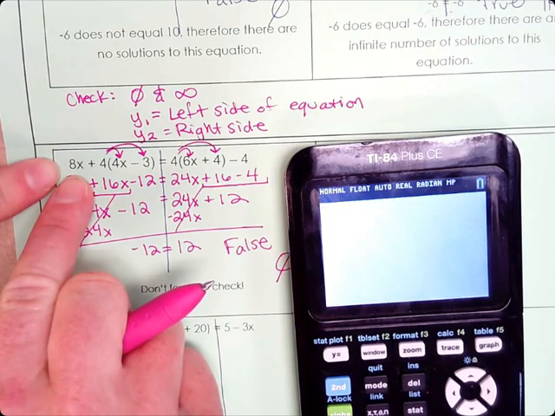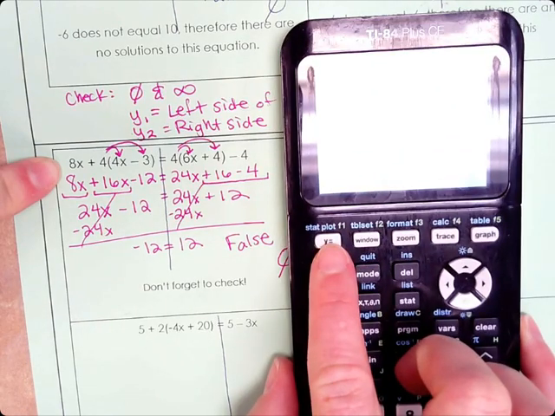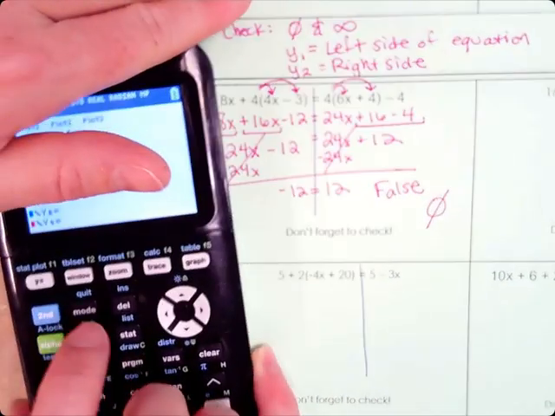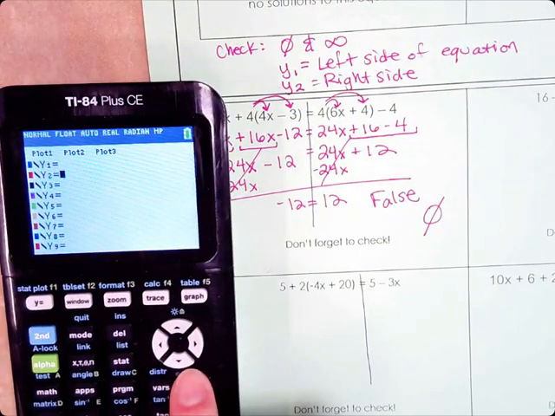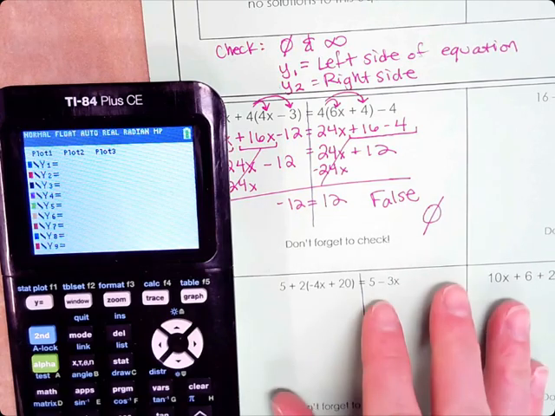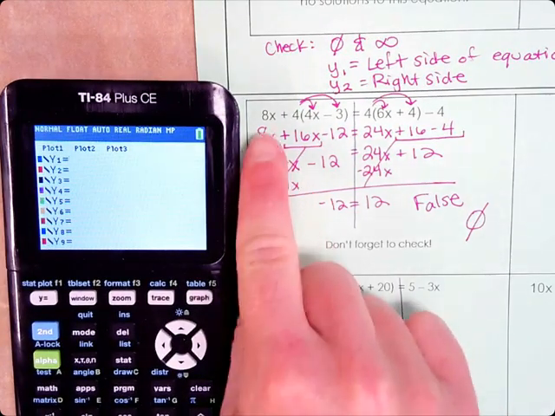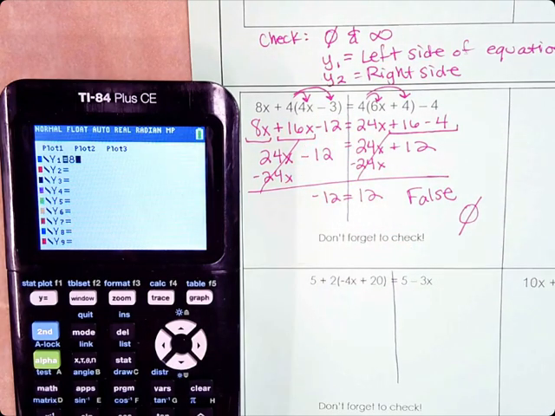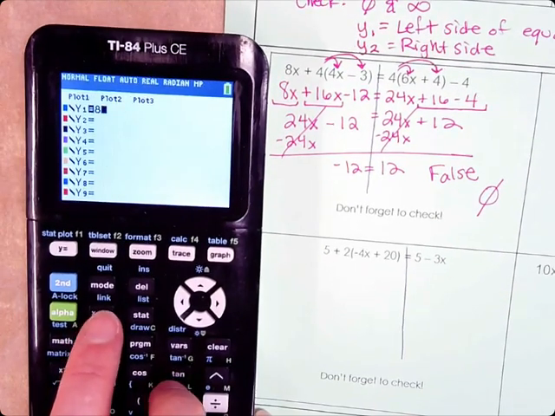So go to y equals, right here, and it'll come up like that. And clear out what's in there. And I'm going to put in the original left side. So 8x, remember where x is? It's right here beside alpha, beside the green button.